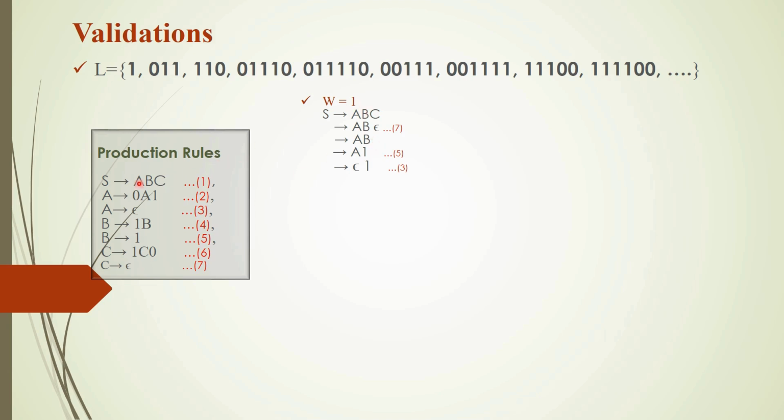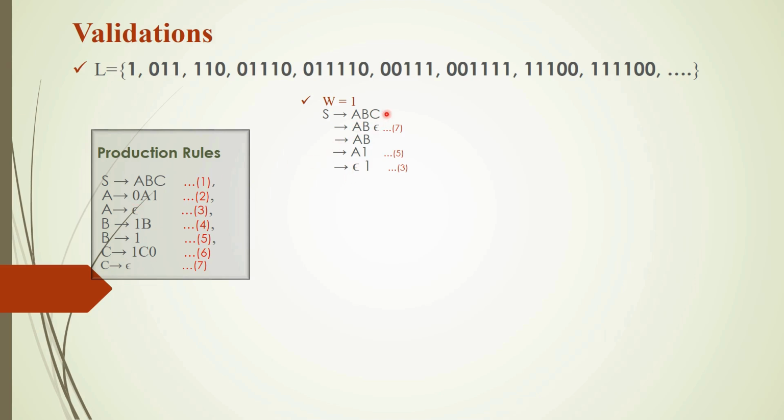If I substitute A, it would come with a 0, and the same 1 over here also comes with a 0. So that's why I have to substitute my B with a 1. Rather than this, I substitute C with epsilon, which is nothing but an empty string, as well as A with an empty string.